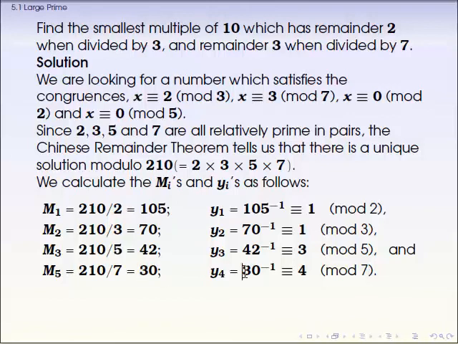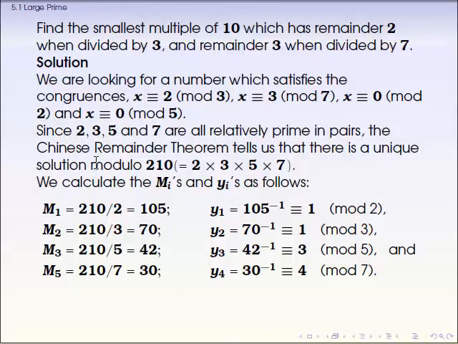What is the remainder of 30 modulo 7? 4 times 7 is 28, so it remains 2, right? So what is the inverse of 2 modulo 7? If you multiply 4 by 2, we get 8, which is congruent to 1 modulo 7. So 4 must be the inverse of it. So this is how we found these capital Mi and small yi's.